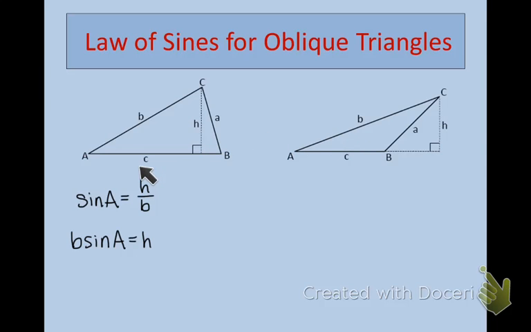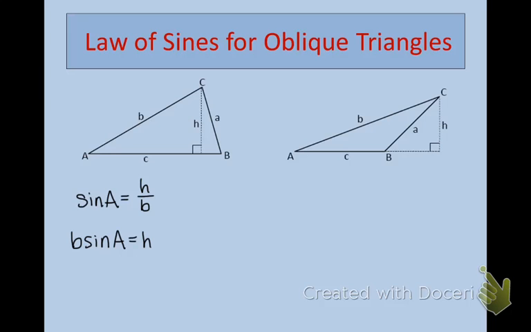Let's do the same thing from angle C. Can I use angle C with this right triangle here? Does that make sense? Why not? Is the right triangle using all of angle C? No, it is not. So I can only look at angle B. Does B still have a right triangle? Yeah, it's just this little guy.